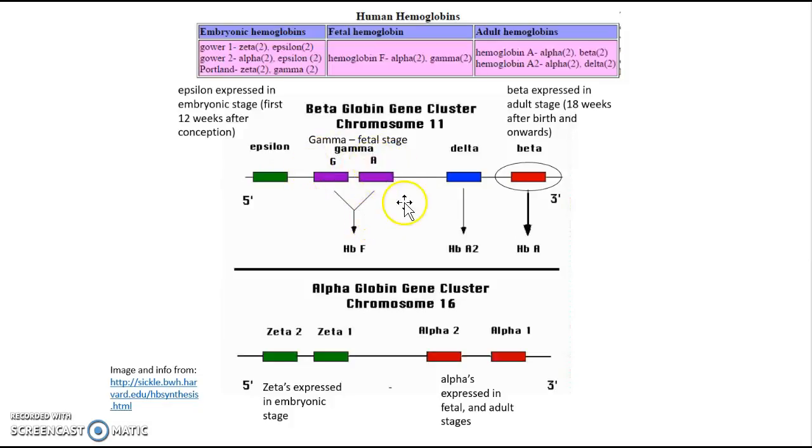So when I tell you that these genes are turned off entirely as we transition from embryos to fetuses to babies and then adults, that's an exaggeration. There is a little bit of leaky expression, enough to make about 1% of our blood contain fetal hemoglobin, and not just adult hemoglobin, but the dominant amount is adult hemoglobin.